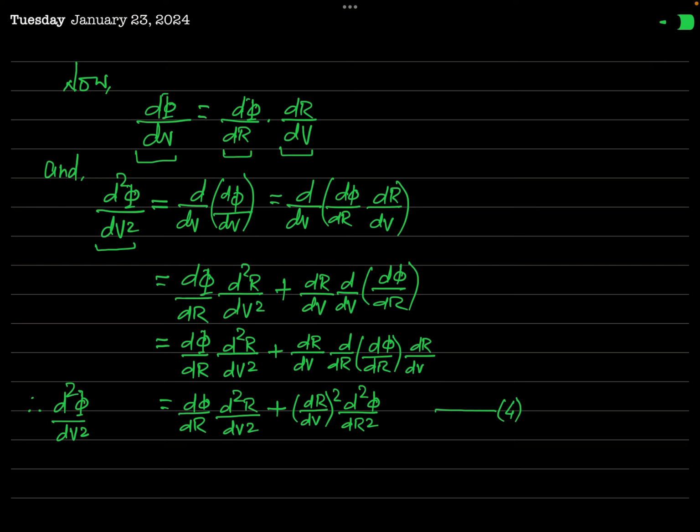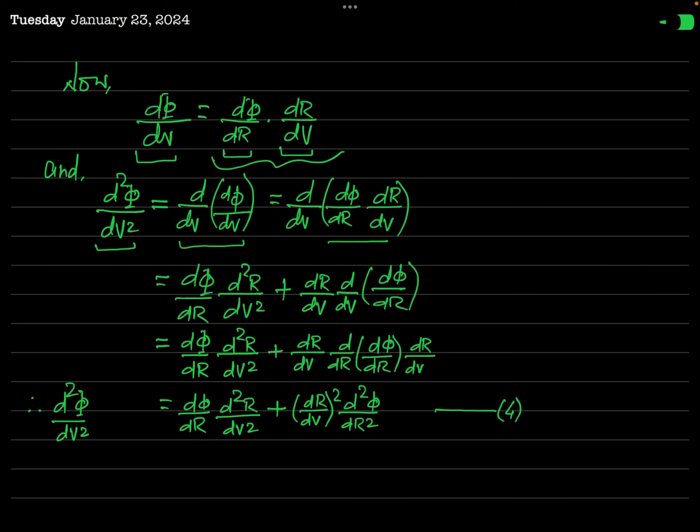This d2 phi by dV square will simply be d by dV of d phi by dV. But d phi by dV you have written here, this is actually d phi by dR times dR by dV. So I have substituted this factor instead of d phi by dV.